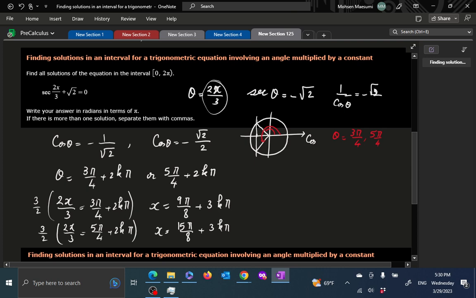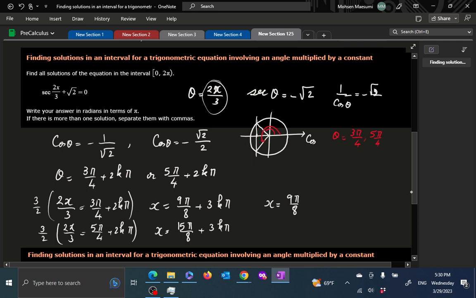Now, if k is 1, I already exceed my 2 pi range. If k is minus 1, if I subtract 3 pi from this, I'm going to get a negative quantity. So the only acceptable answer left for me is when k is 0. So x is 9 pi over 8.